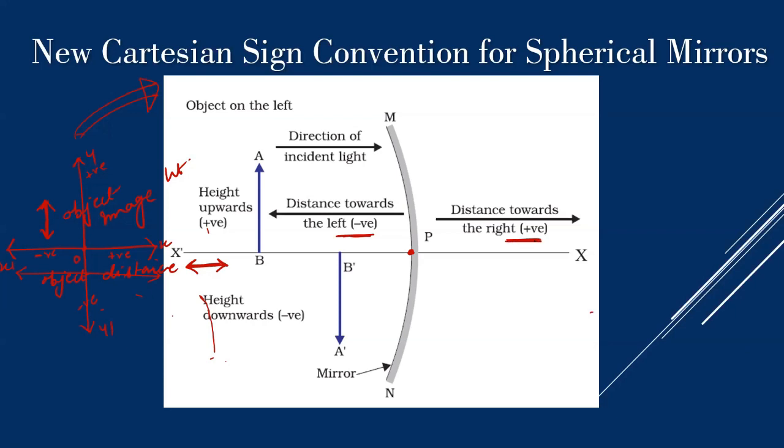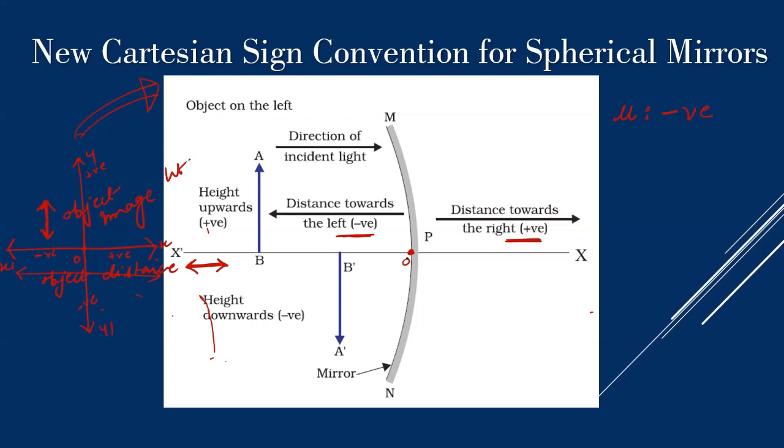So can you tell me, by default, where is the object kept? The object is always kept on the left side of the mirror, right? So that means u by default always has to be negative. Why? Because it is always kept on the negative side of the x-axis. Okay, so if you consider p as 0 and in the question it says the object is kept at a distance of 50 centimeters from the mirror, then you will take u as minus 50.